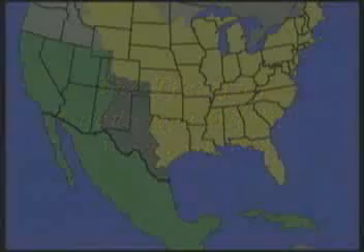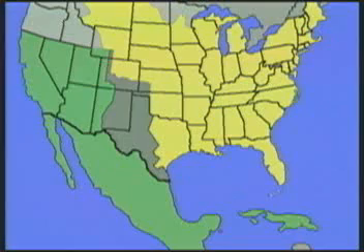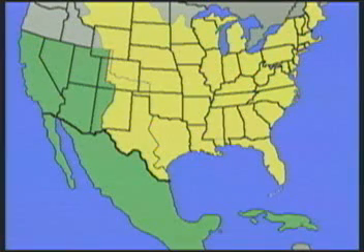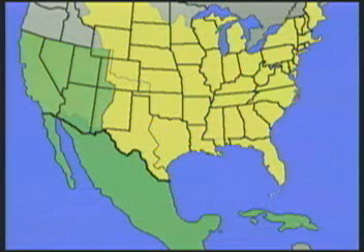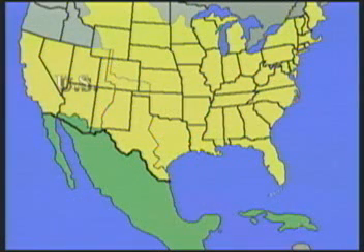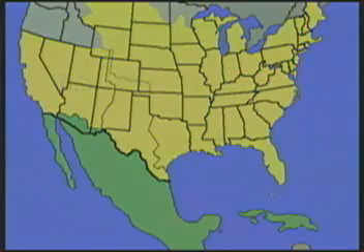It was on February 2nd, 1848, that the Treaty of Guadalupe Hidalgo was signed, formally ending the Mexican War. In it, Mexico agreed to accept the Rio Grande as its new border with Texas and to sell its northern territory for only half of what the U.S. had offered for it before the war began.